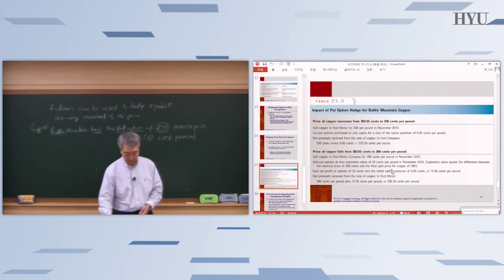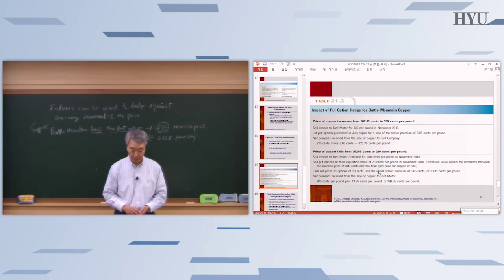Here, in the two scenarios, the amount of profit is different. You have to understand that. In the case you let the option expire, not the profit but your revenue is 323.35 cents per pound, which is good because the price rose.